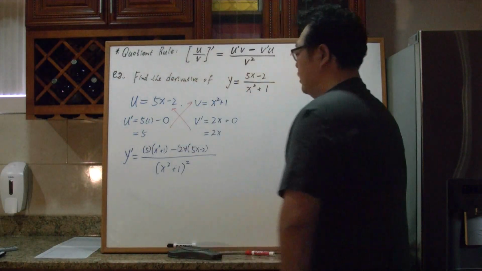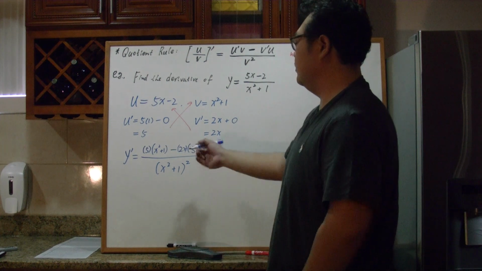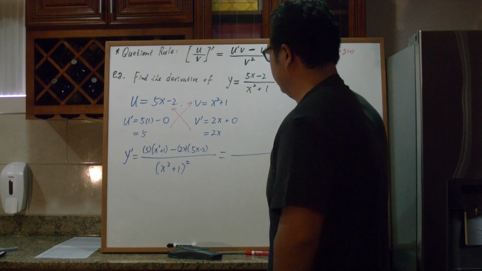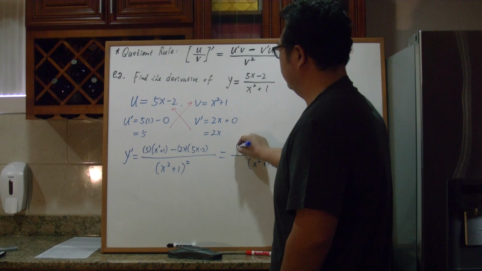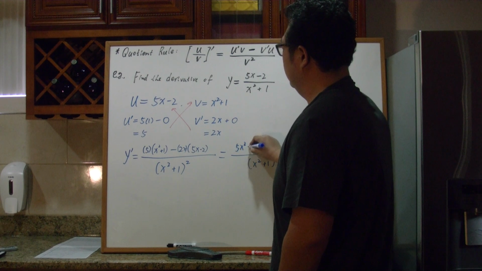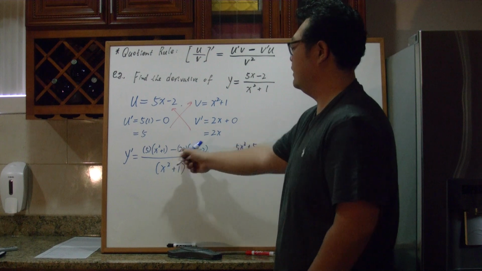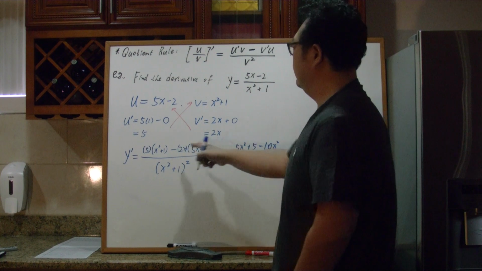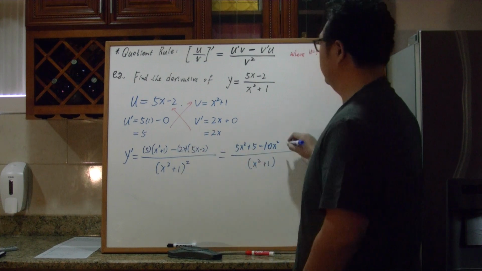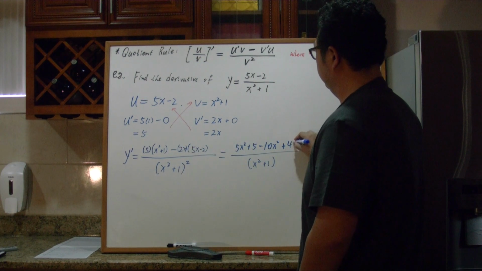Then apparently we need to simplify it, right? We get the square of x squared plus 1 in the denominator, and the numerator is 5x squared plus 5, and negative 2x times 5x, that's negative 10x squared, negative 2x times negative 2, that's plus 4x.